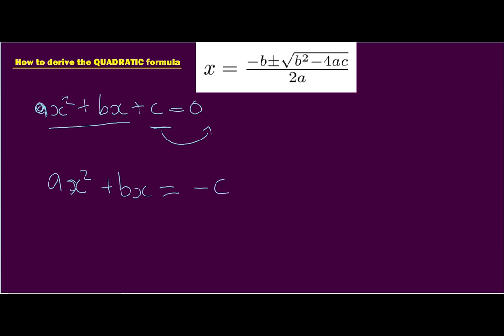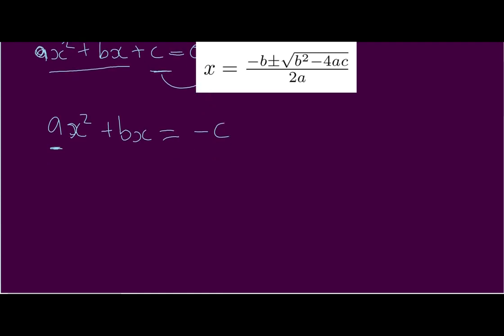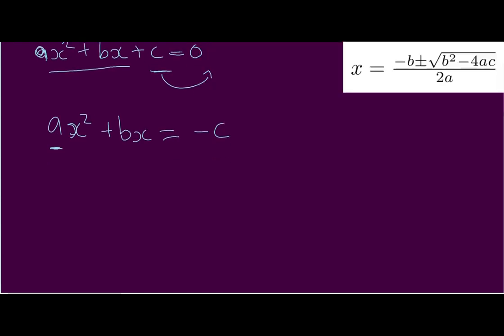Then the next step from here, we are going to take out this coefficient, the a, and in doing that we are trying to simplify these terms so that we can use this method called completing the square. You'll see as we proceed.